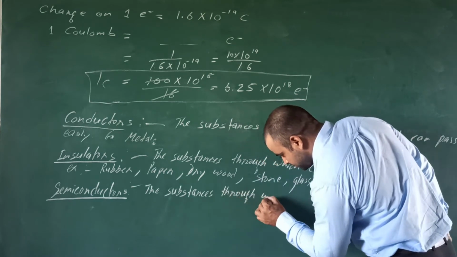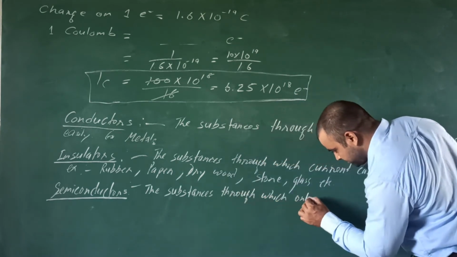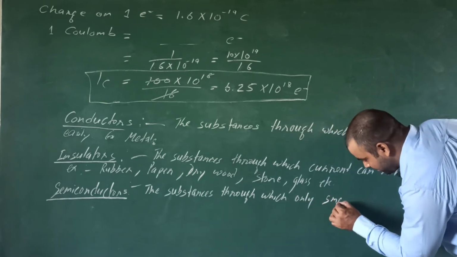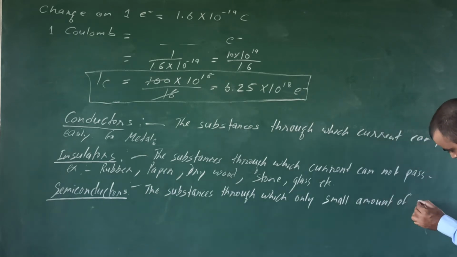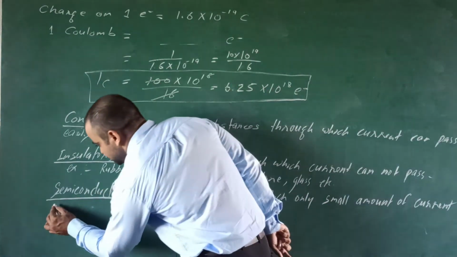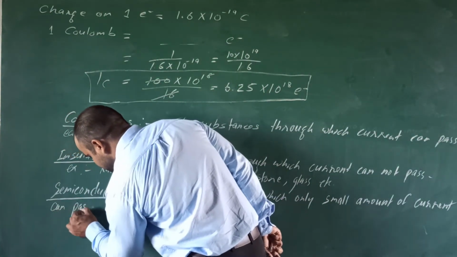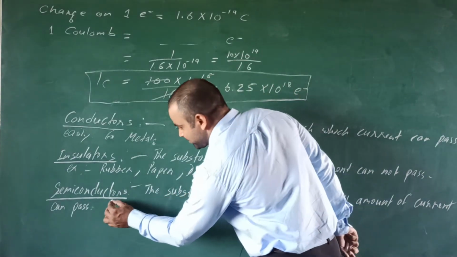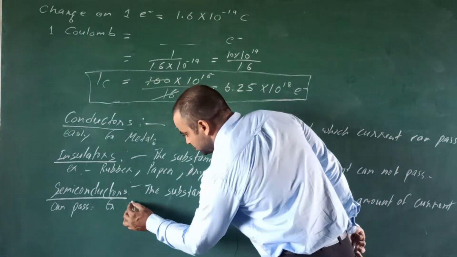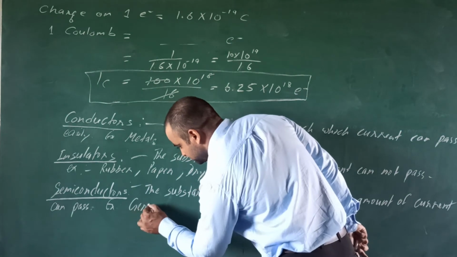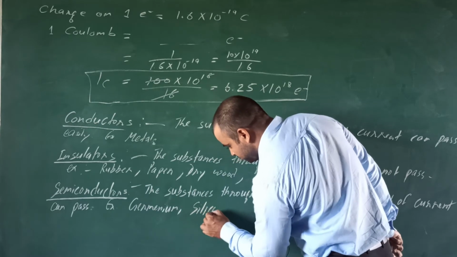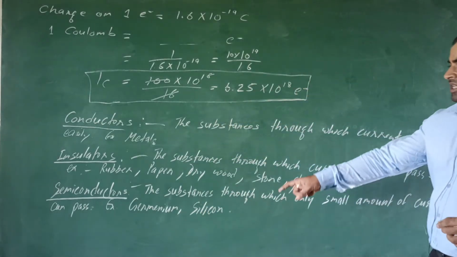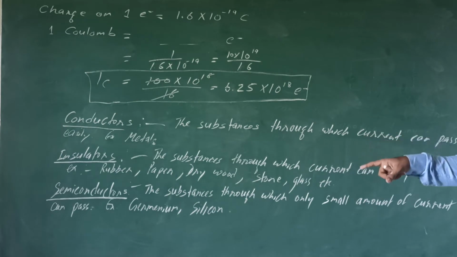Examples: germanium, silicon. These are the most common semiconductors, germanium and silicon.